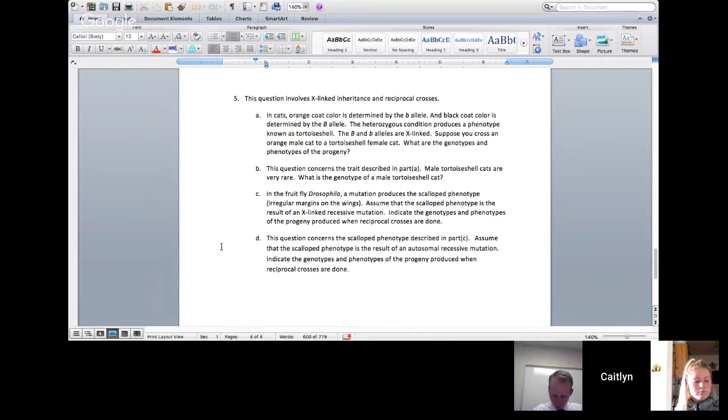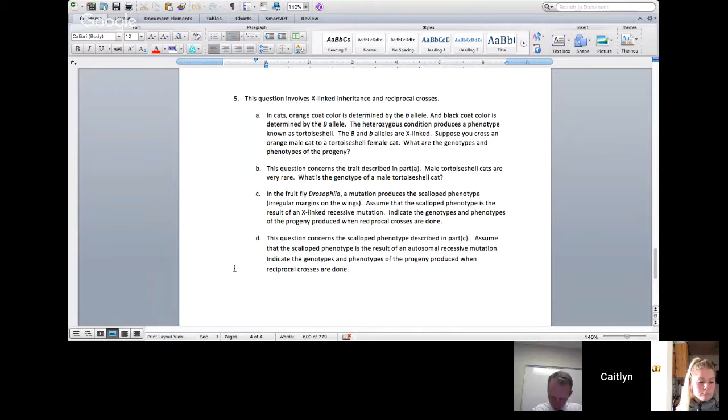The cross for that produced males that both had the scalloped wings, which is a mutation, and then the females didn't have scalloped wings. When we did the reciprocal cross, it was a male with the recessive allele and a female that was homozygous dominant. The result in that was that none of the progeny had scalloped wings.